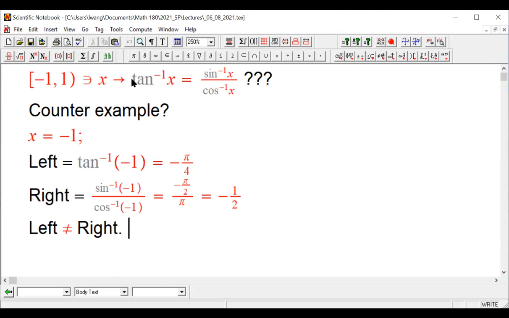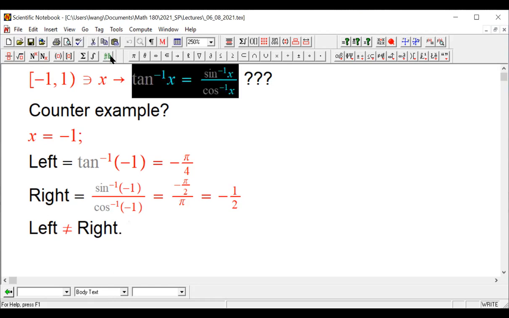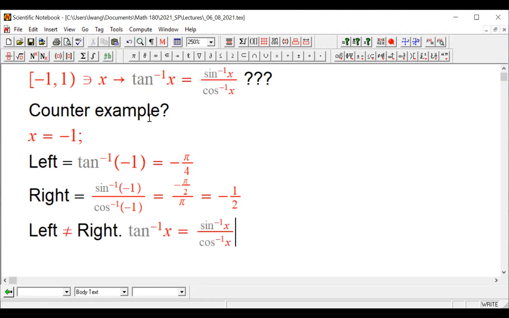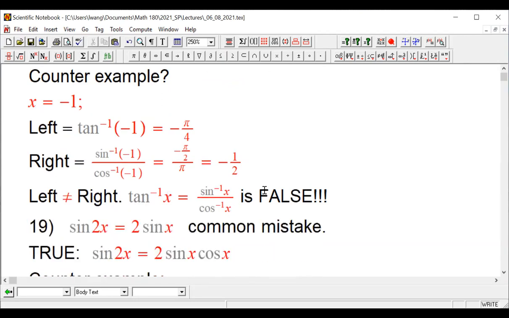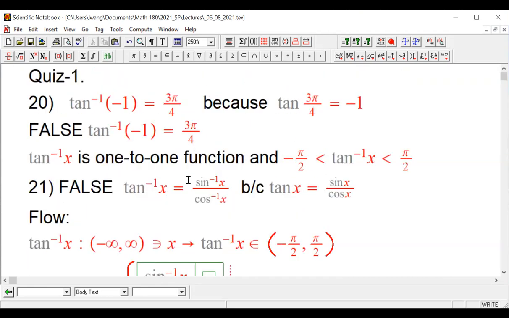So this is false. Please don't make these mistakes. They look so intuitive. Yes, for someone who doesn't have adequate preparation in trigonometry, this looks very intuitive, but please don't make such a mistake.